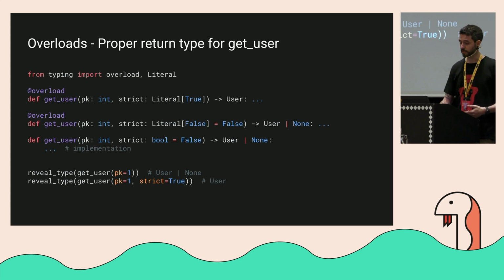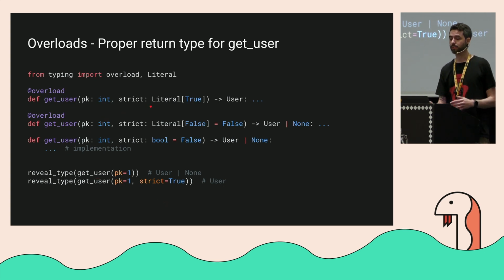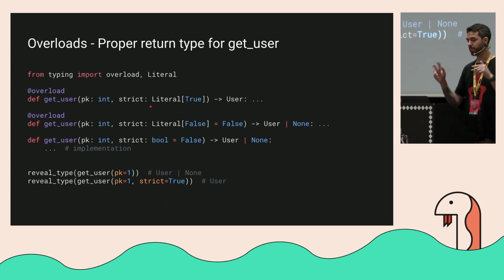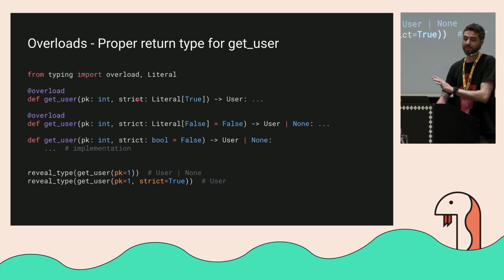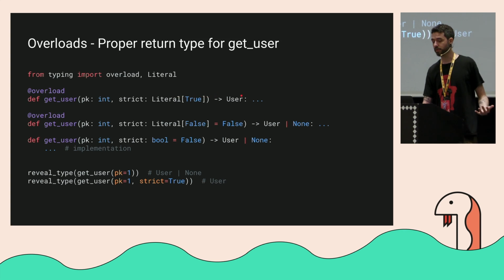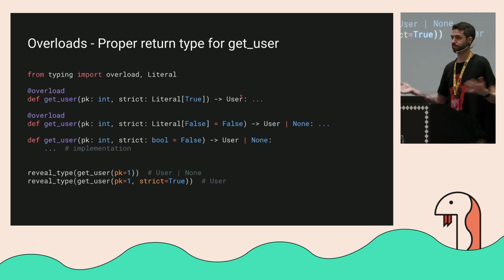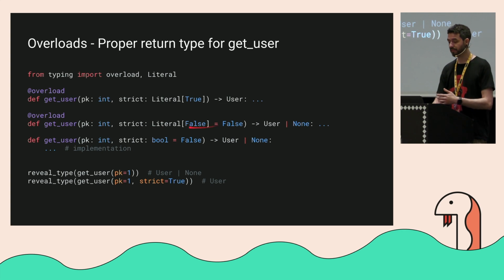The same for the get user. So this is a little bit more complex, but not that much. So if I pass literally true to the strict, I get a user. If I don't get one, that means an error happened. If I don't pass it, and also the default is false, I can get a user or none.